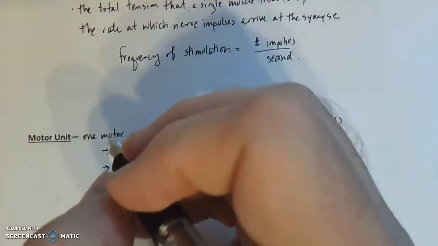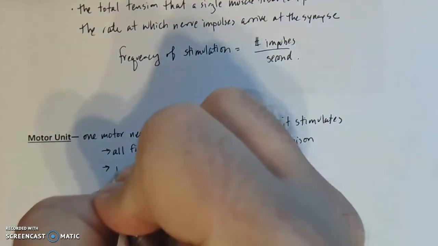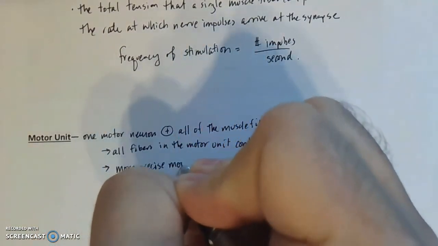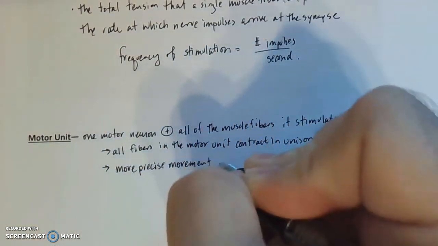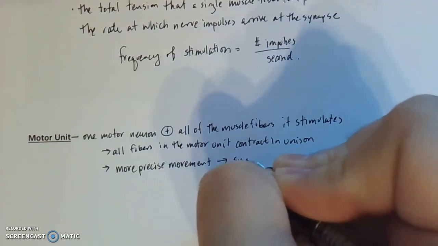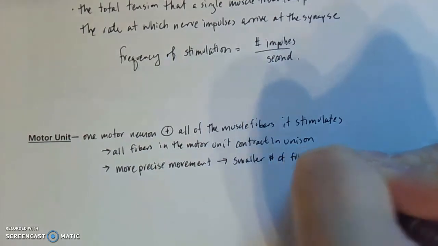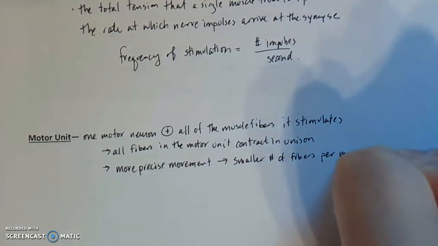And as you can imagine, for more precise movement, we have a smaller number of fibers per motor unit.